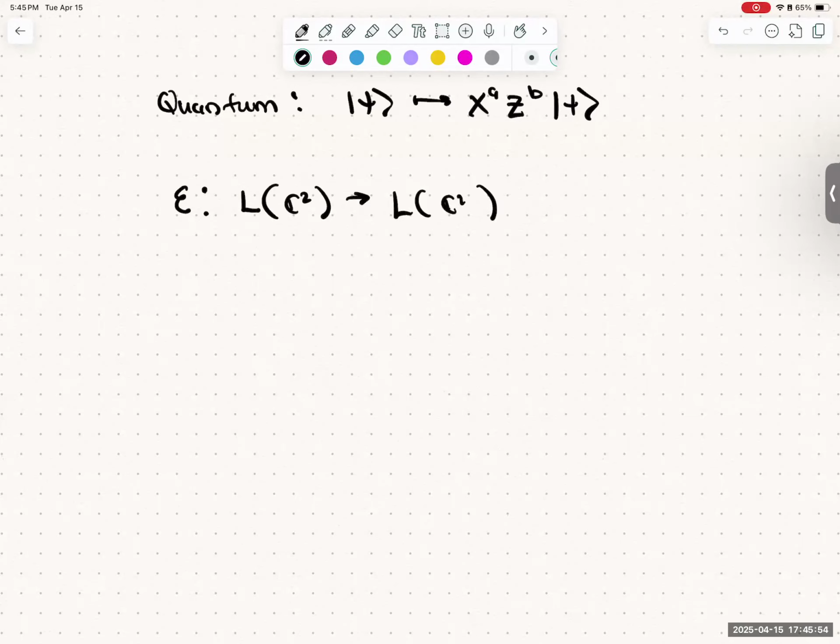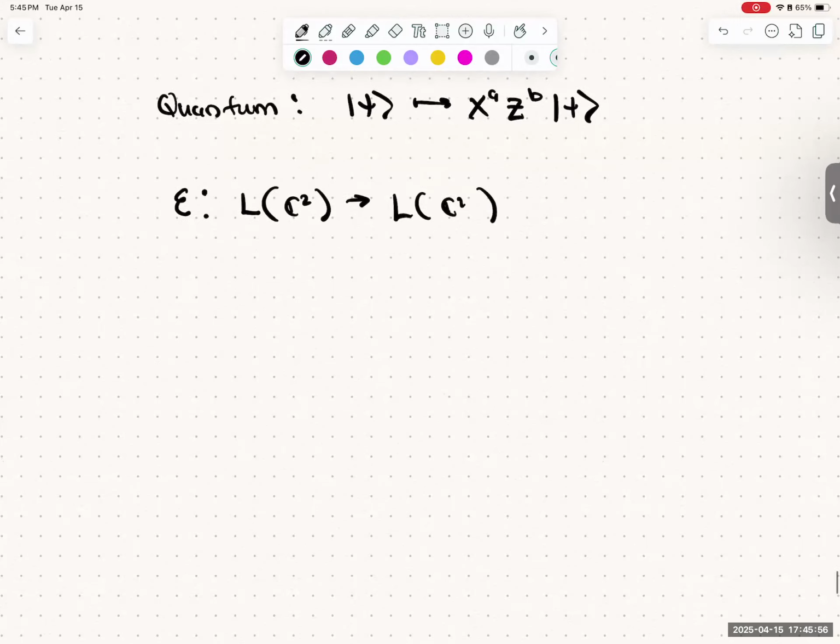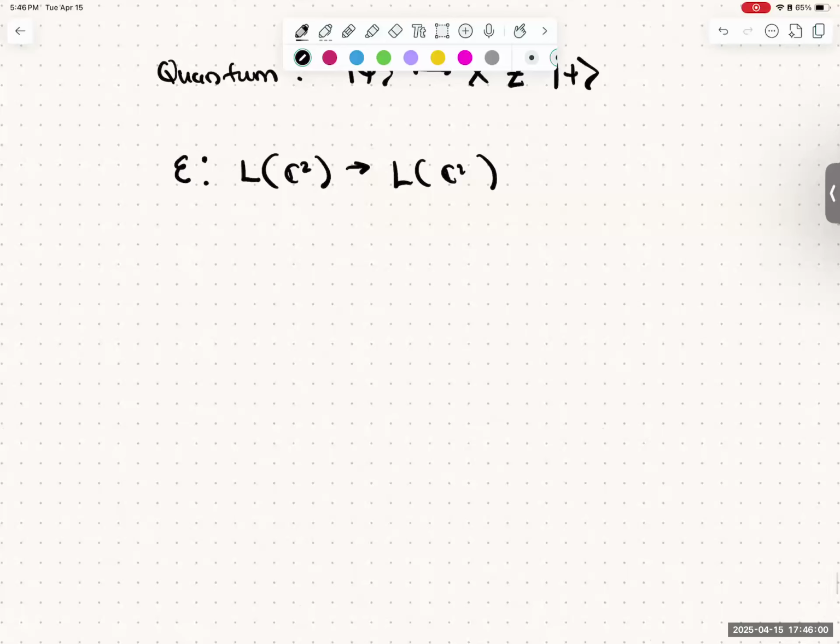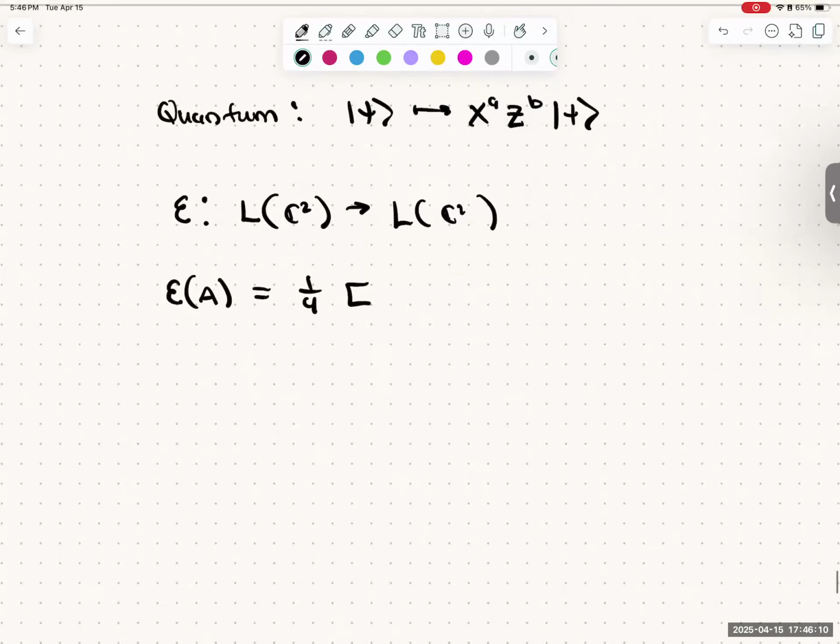I didn't introduce this notation, but you've implemented a quantum channel wherein for some linear operator A, you're doing this thing. 1/4 is the probability of each possible pair of bits. You sum over those bits, and you do X^A, Z^B. Sorry, should be A.